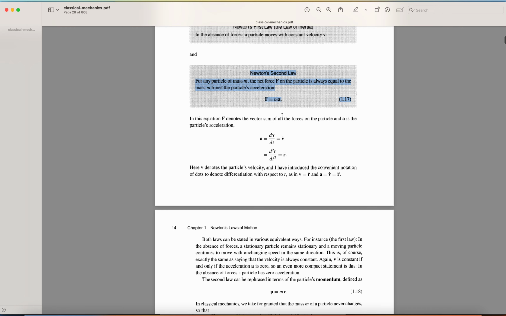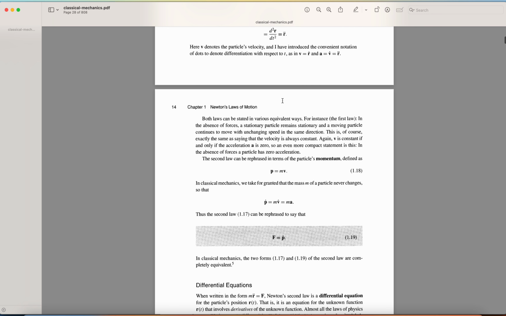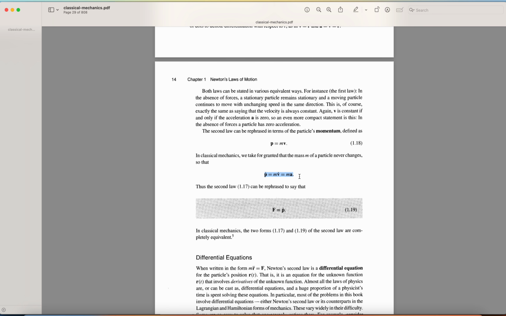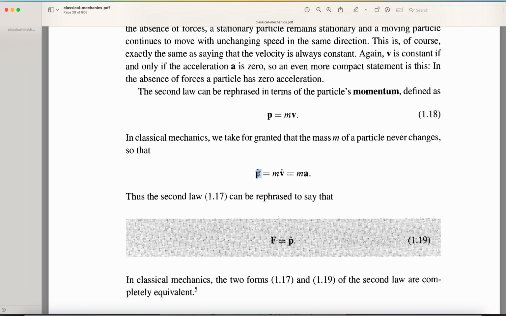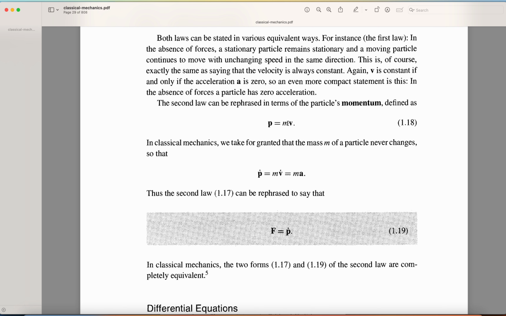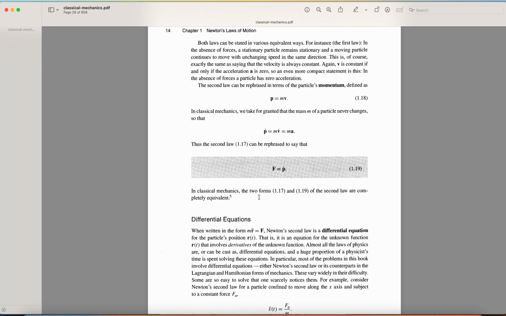Yes, that's the second law, but they rename it. This is not really momentum, is it? It's a derivative of the momentum, because a is dv dt, so this is dp dt kind of, I think.